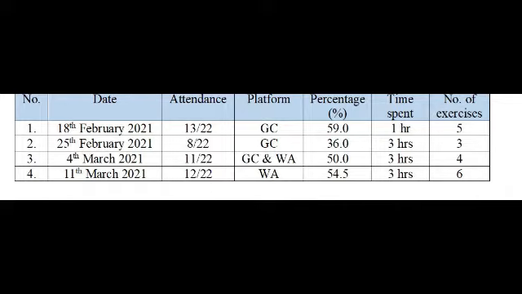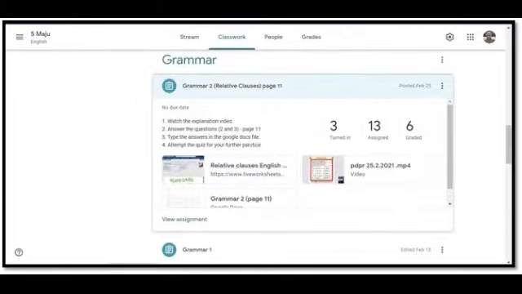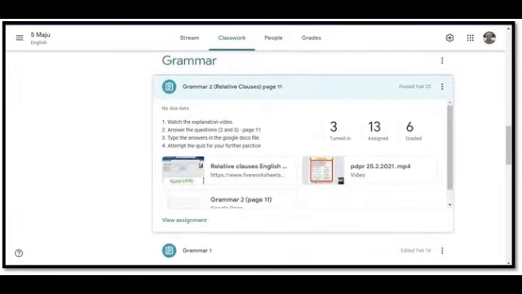From this data, we can see that the number of students who attended my classes was only about 13 out of 22, and on the 25th of February, the number of students who joined my online classes was only 8 over 22. The platforms that I used with my students were mostly Google Classroom and WhatsApp.